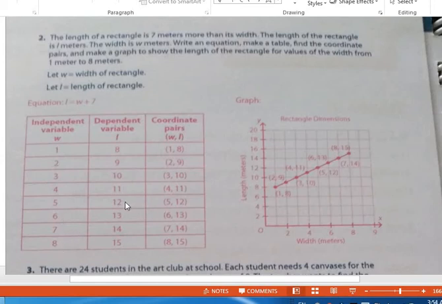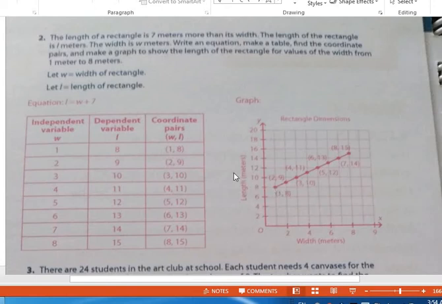After this, I do something very easy. Put the numbers beside each other to give you W, the width, and the length. So the ordered pairs are 1 and 8, 2 and 9, 3 and 10, 4 and 11, and so on. After this, I should put this in the graph. Here I have 1 and 8: go right 1 and then up 8.